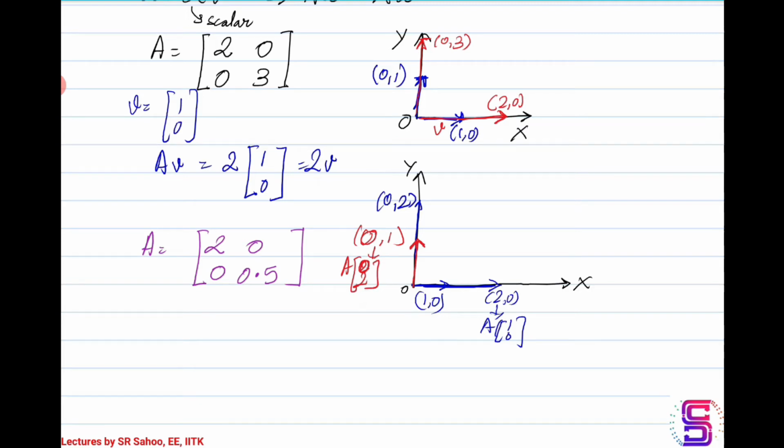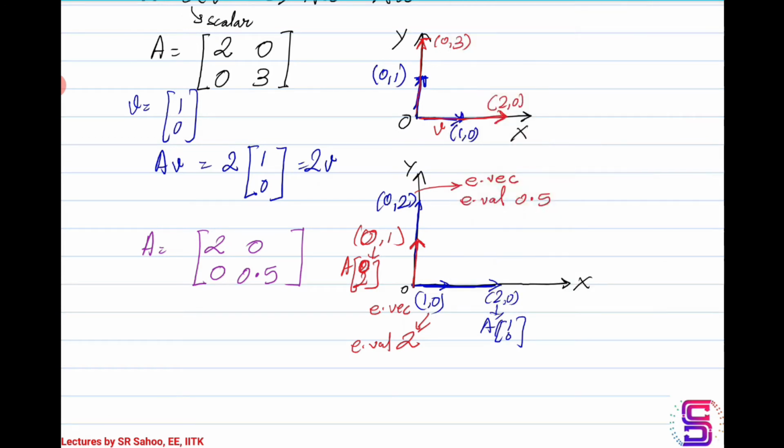Okay, so in this case 1 0 and 0 2 serve as the eigenvectors for A, but 1 0 corresponds to the eigenvalue 2, because 2 is the scaling factor, and similarly 0 2 is the eigenvector corresponding to the eigenvalue 0.5.